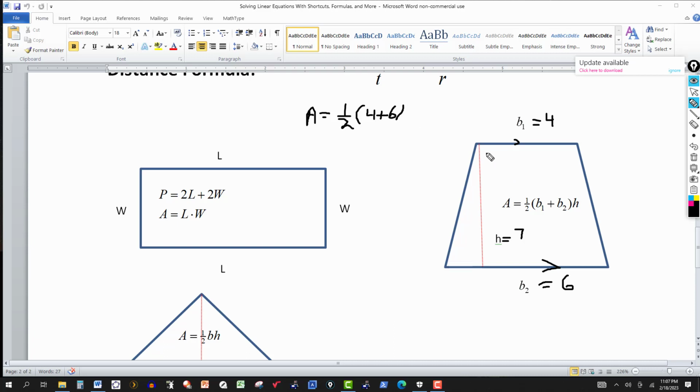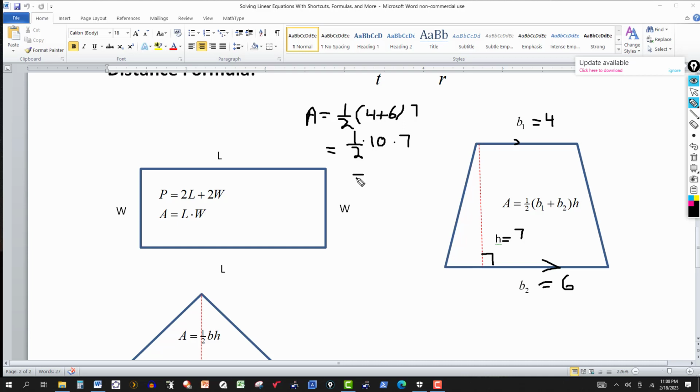And then the altitude is the length of the line in red, the perpendicular, from this side to this side. This is a perpendicular 90 degrees right there. And that's 7. Again, that could be in feet, inches, we just say units. Equals 1/2 times, and then 4 and 6 is 10, times 7.